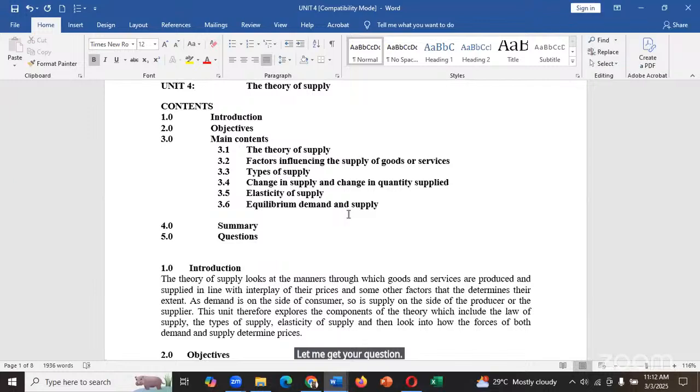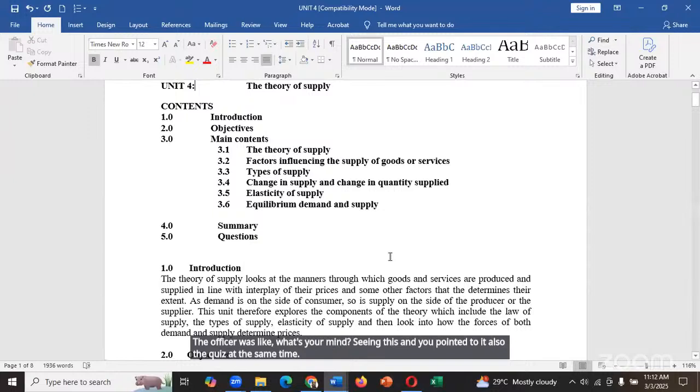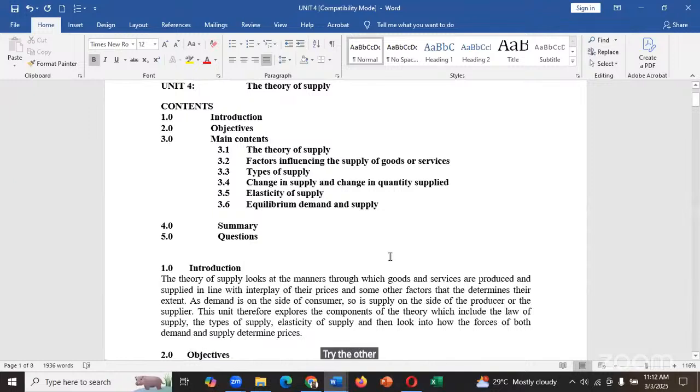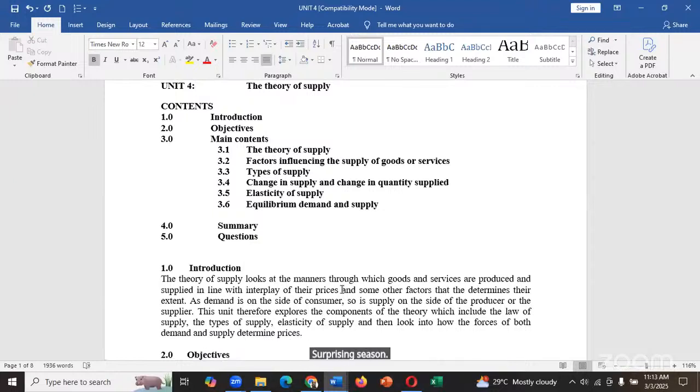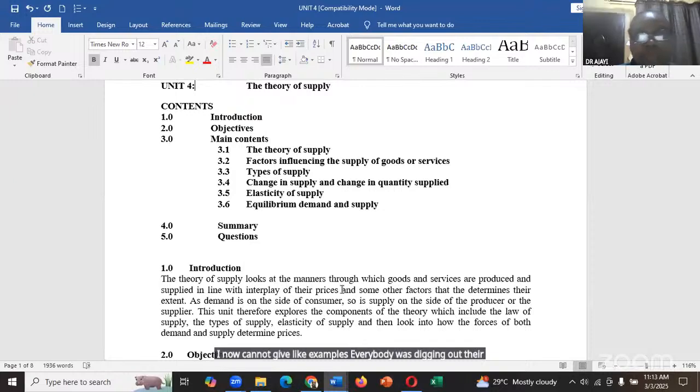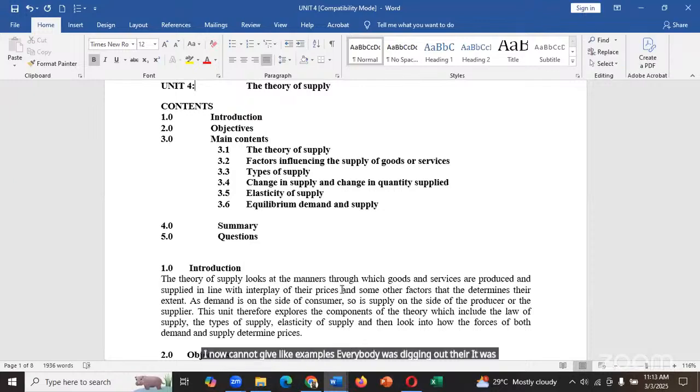In the last class, you asked us what can cause the price to increase and the quantity demanded to increase at the same time. You asked us to give examples. Everybody was bringing out their own example, but you didn't say whether the examples were correct.